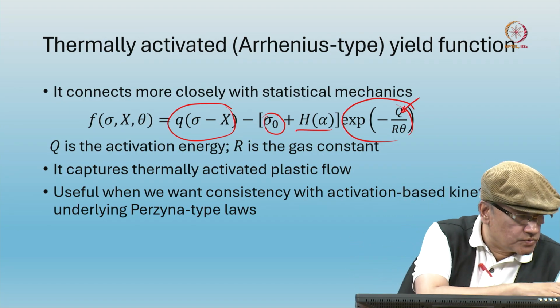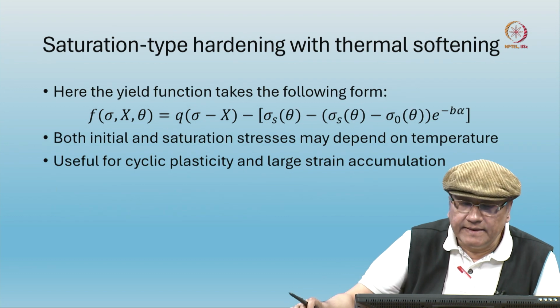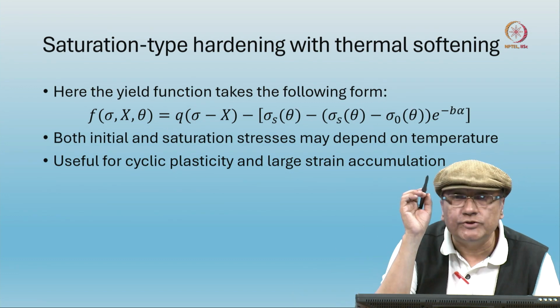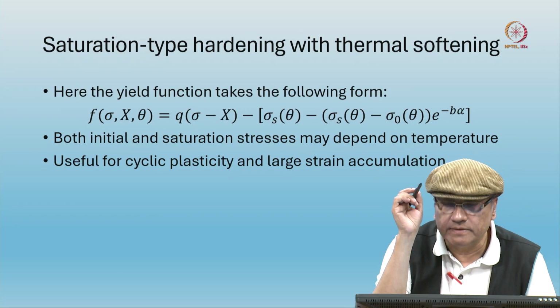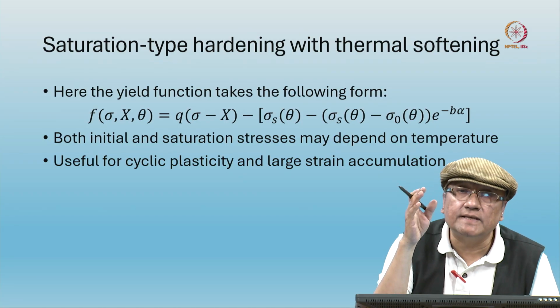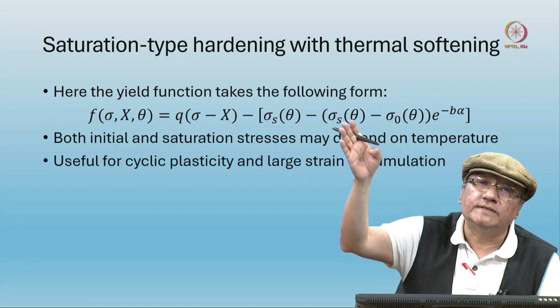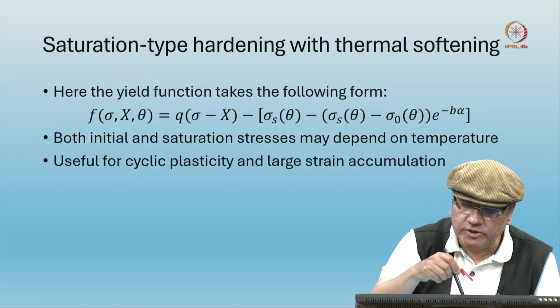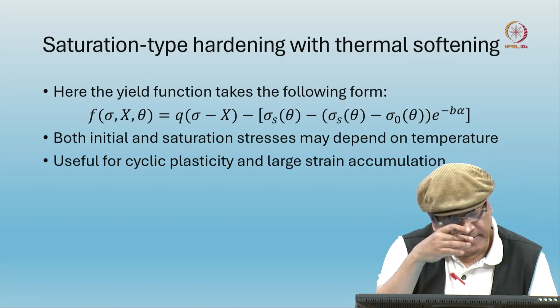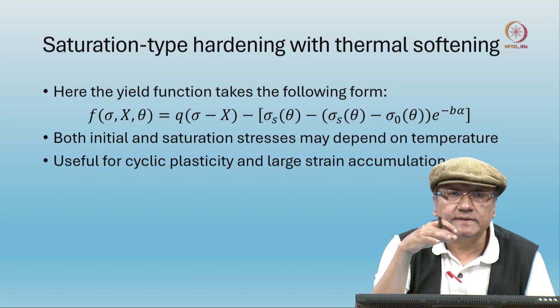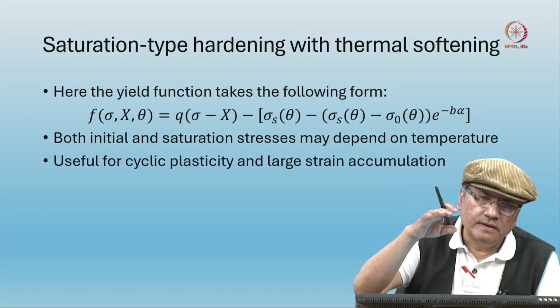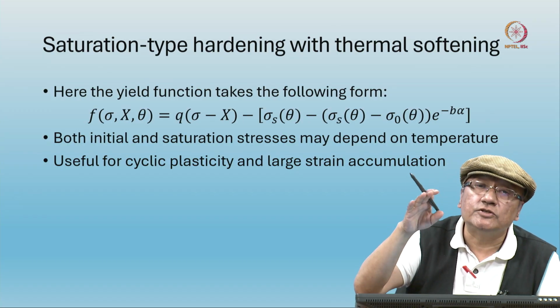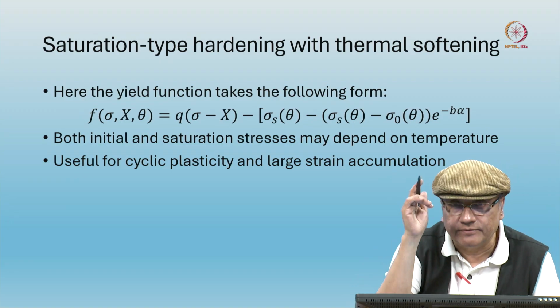So therefore this is one more, and then we can also talk of a saturation type hardening, all right, such that the hardening does not happen all the time, right. So define a saturation level sigma s, that also can be a function of theta, because saturation level stress can be reached for different temperatures, it will be different, right.